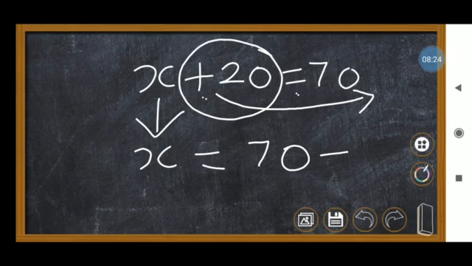So plus 20 goes to that side as minus 20. So x equal to 70 minus 20.